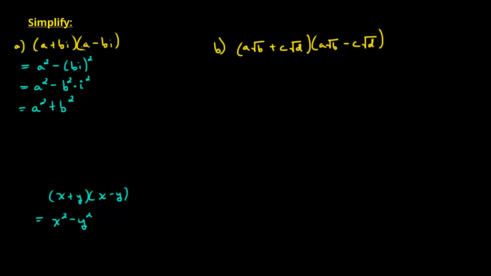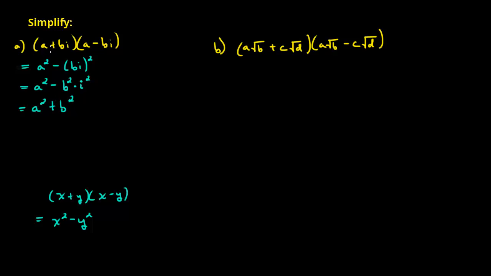So anytime, these are called complex conjugates. Notice that I've got (a + bi)(a - bi), and a and b can be really any real numbers. Anytime I'm multiplying complex conjugates, I'll always have that the product results in the form a squared plus b squared.